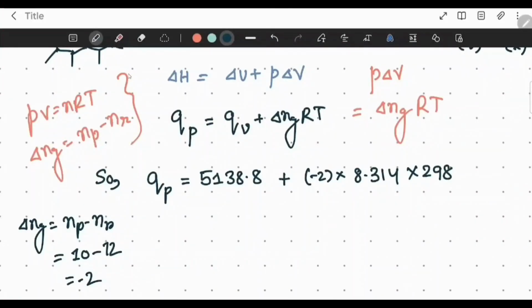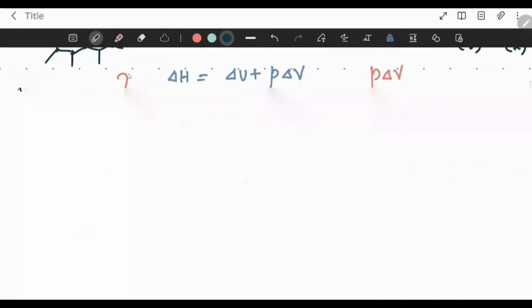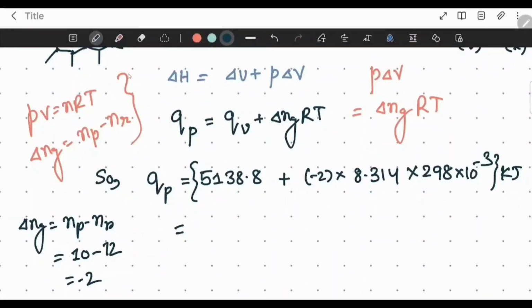Means 298. This is in joule, so we have to multiply it with 10 to the power minus 3. Then it will be in kilojoule. So we have to consider this.